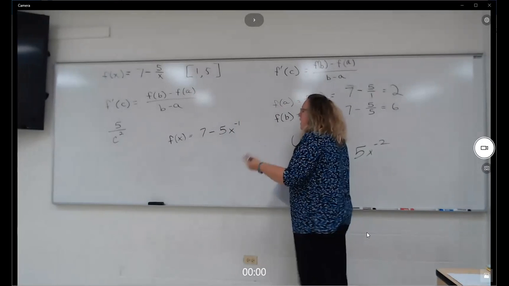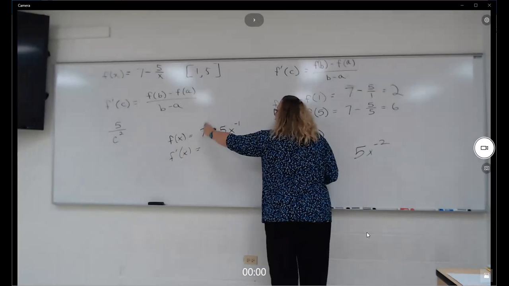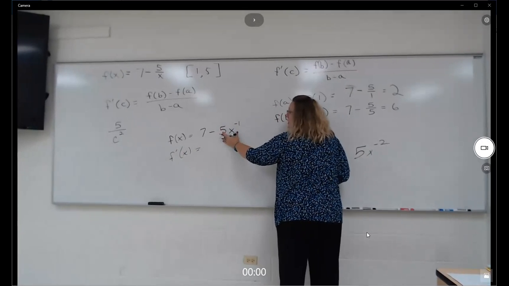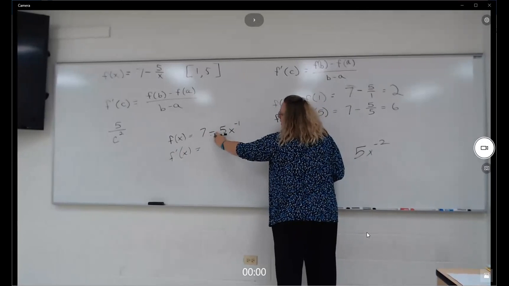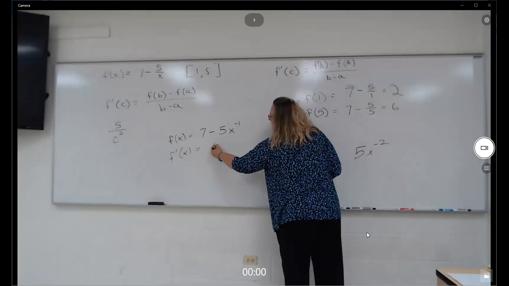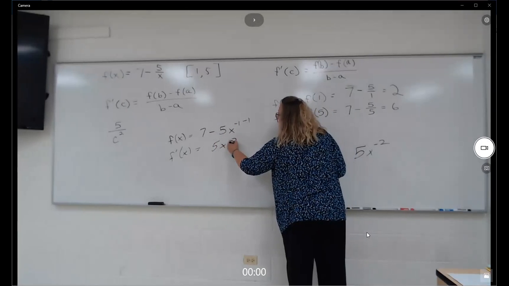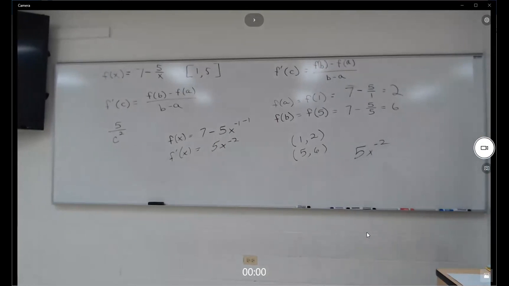Okay, so now when we take the derivative, 7 goes away, and then we're just doing 2 terms here separate. So this one, we're just going to roll it down. When we roll it down, negative 5 times negative 1, so that gives us positive 5. And then when we subtract 1, takes us to negative 2. Yeah, no problem.